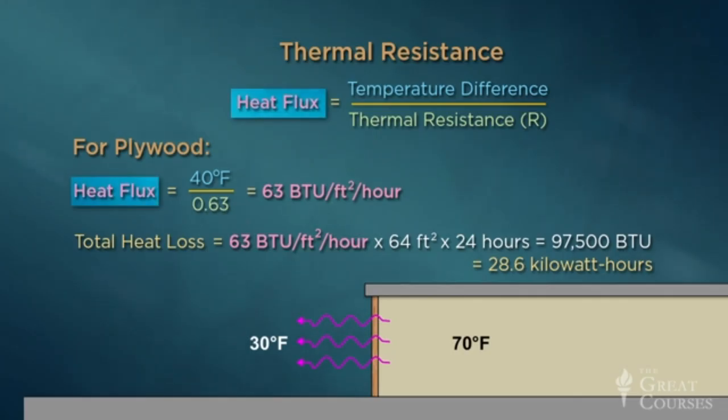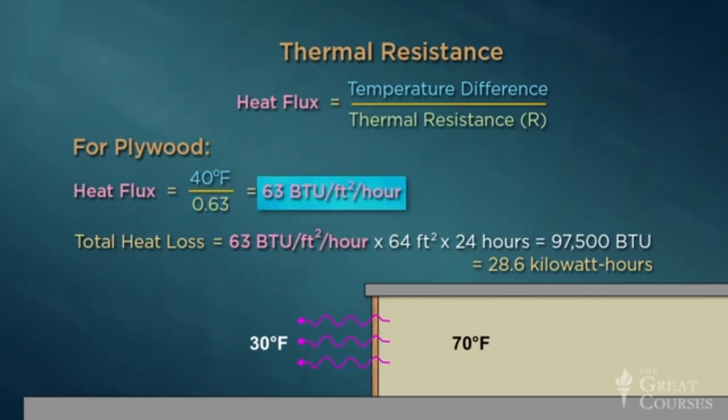And in the US, it's typically measured in BTUs, or British thermal units, per square foot of wall area per hour. R values for all common construction materials can be found in handbooks and online. And for 1/2 inch plywood, the typical R value is 0.63. Thus, for this 40-degree temperature difference, the heat flux works out to 63 BTUs per square foot per hour.